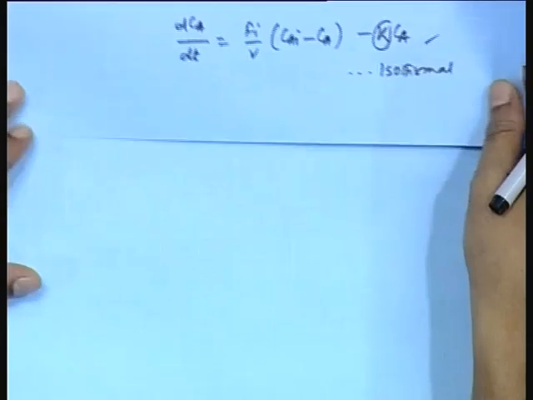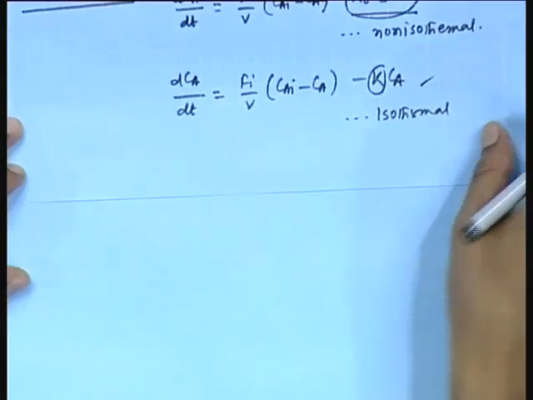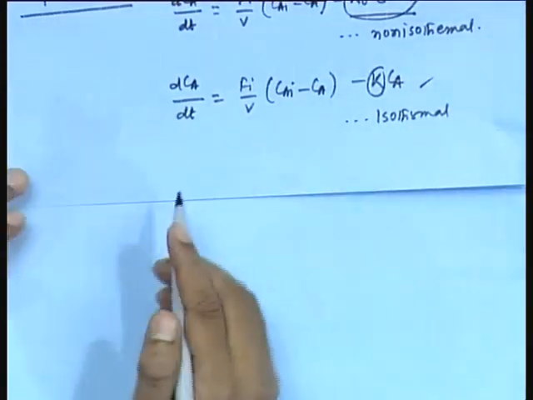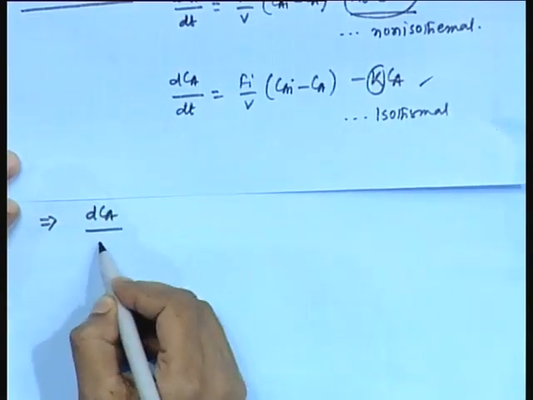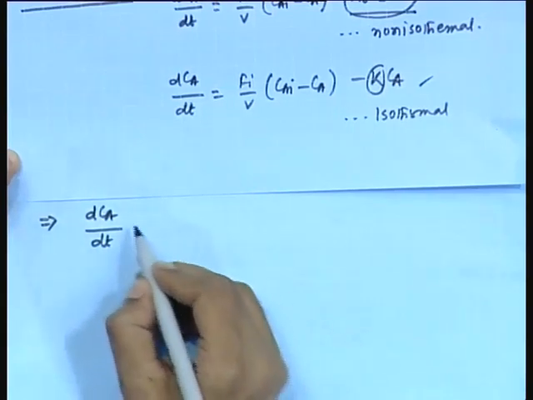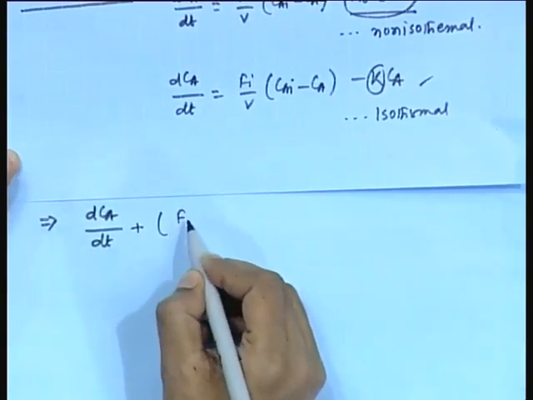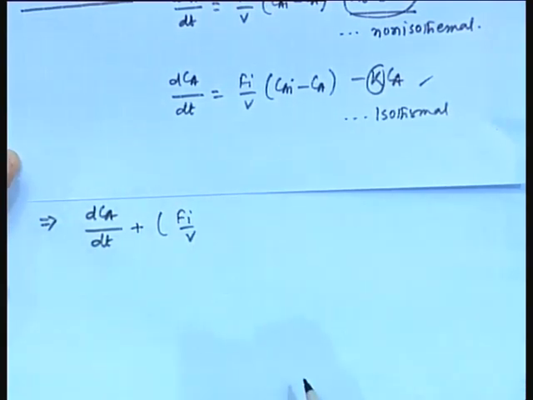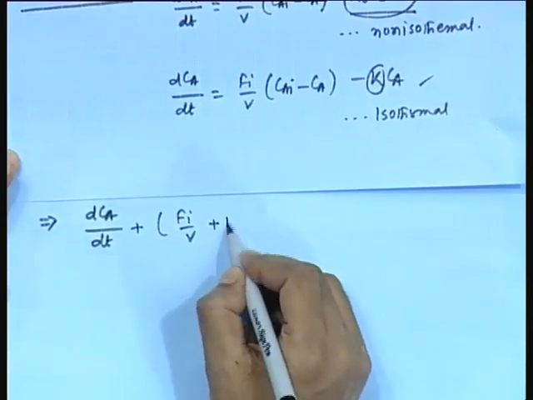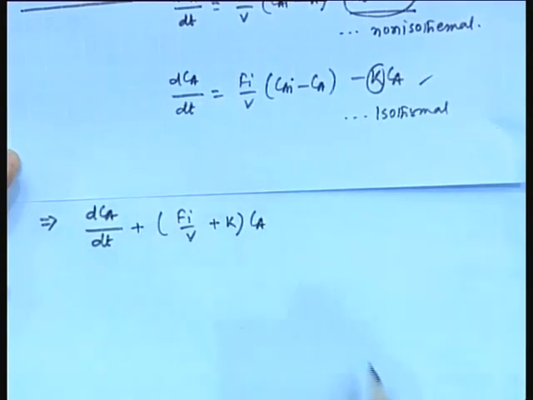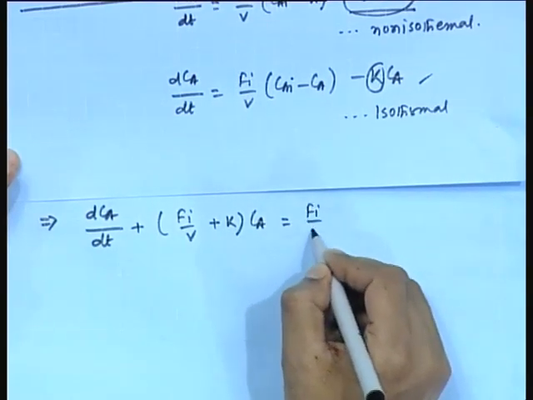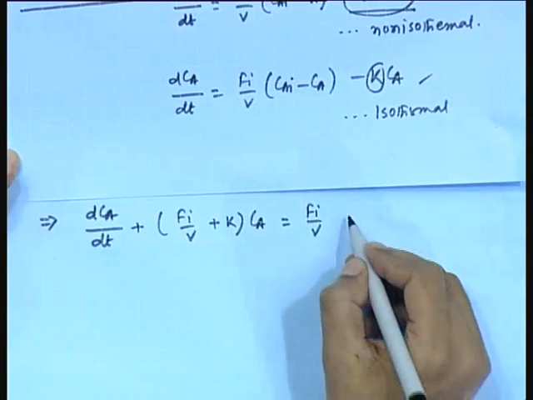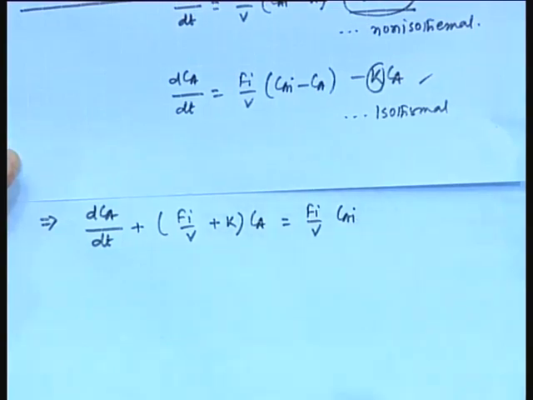We can write it as dCa/dt plus (Fi by V plus k) times Ca equals Fi by V times Cai.